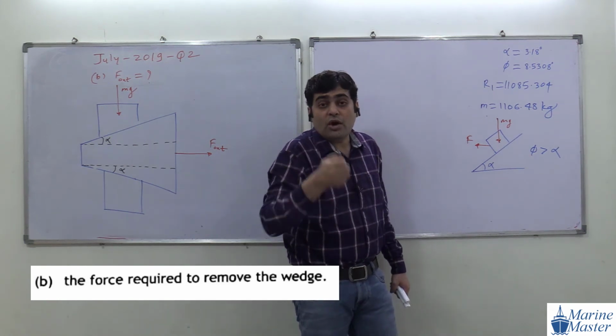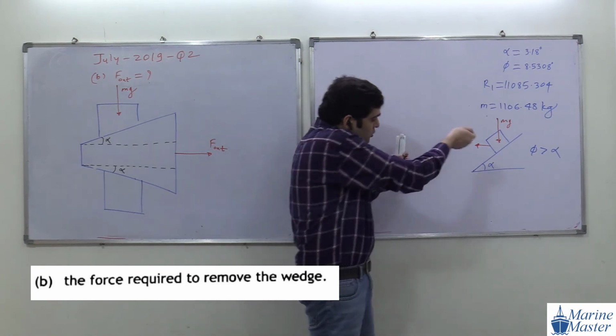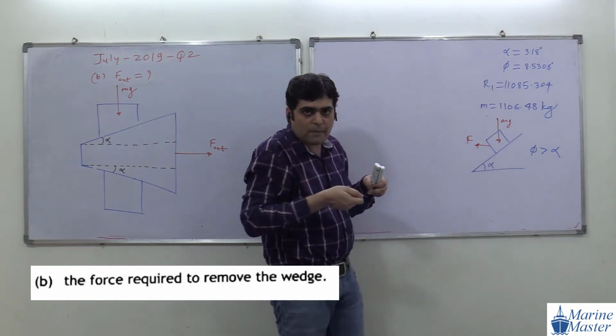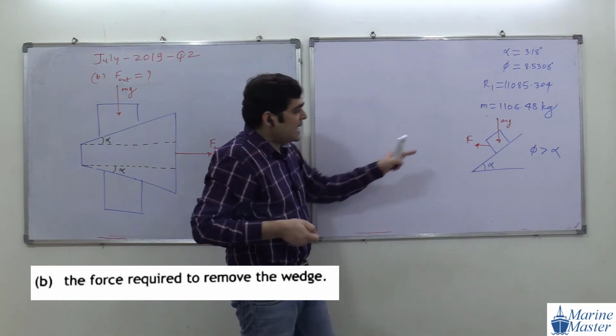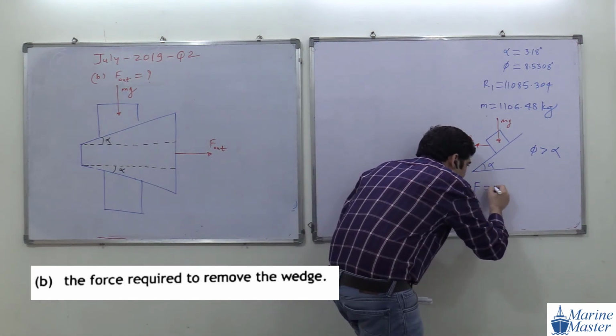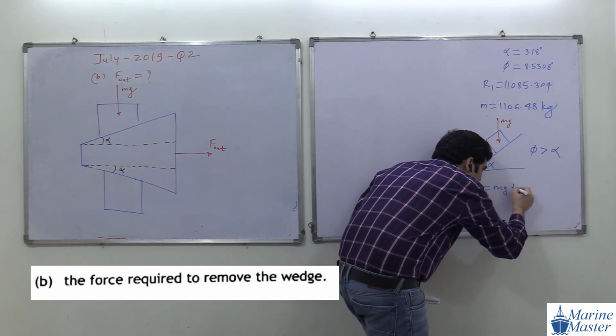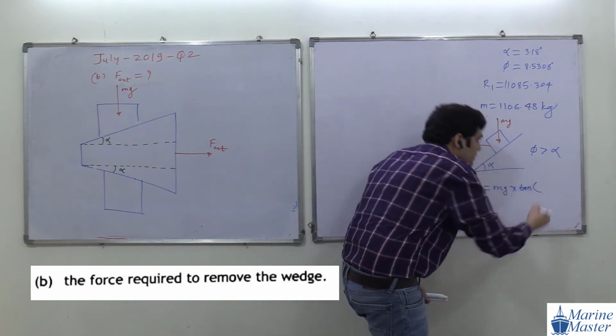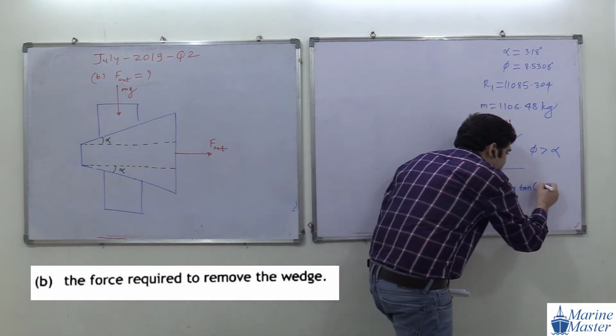What do we have to do to move the object down the plane? We have to apply force F. And in this scenario, what will be the value of force F? We have seen mg tan of phi minus alpha.